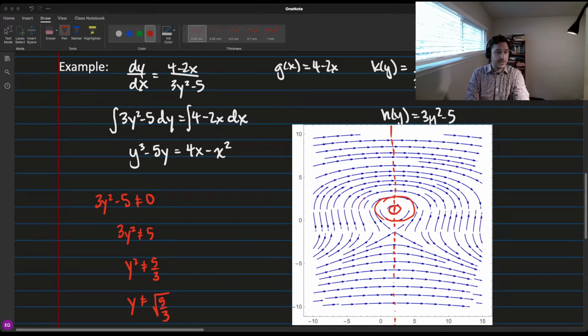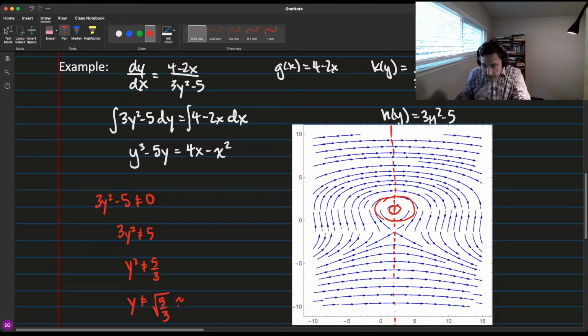Now if I go over to Wolfram and I calculate, hey, what is the square root of 5/3 as a decimal, that gives me approximately 1.29, in other words 1.3. And looking at this, y equals 1.3 is about right here.